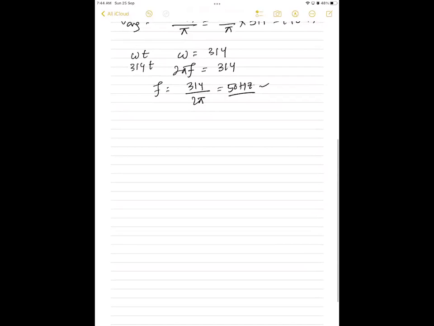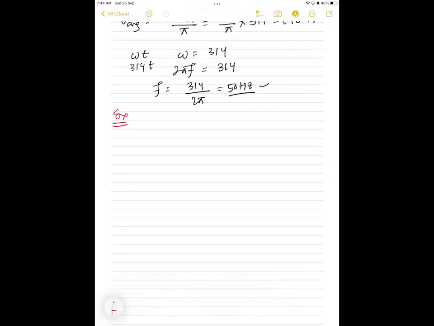Let's take another example. It is given that a current is made up of two components, a DC component and an AC component. There is a current where some DC is there, some AC is there.